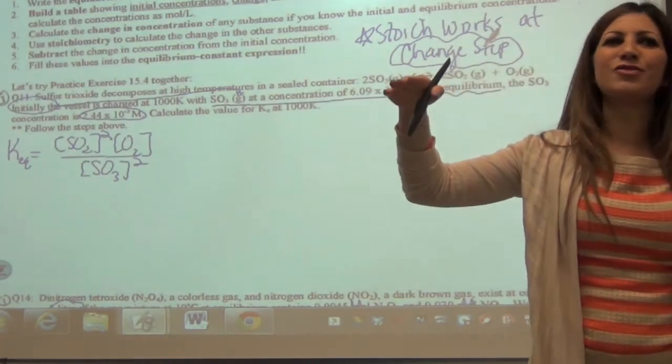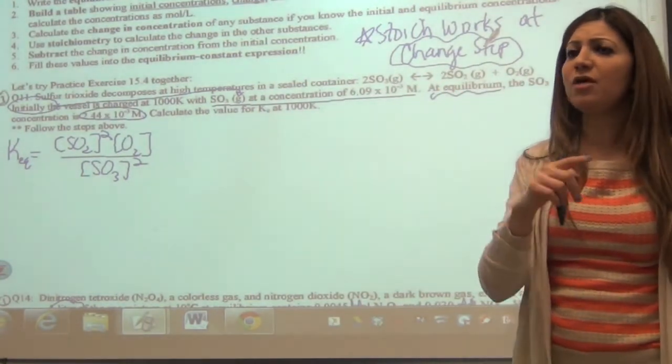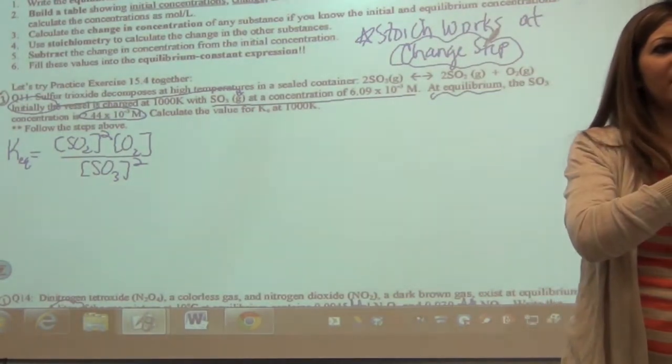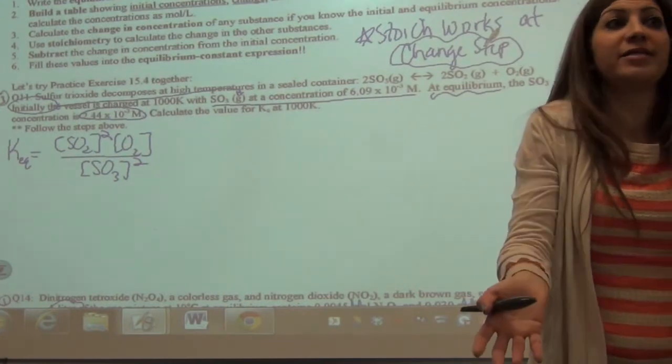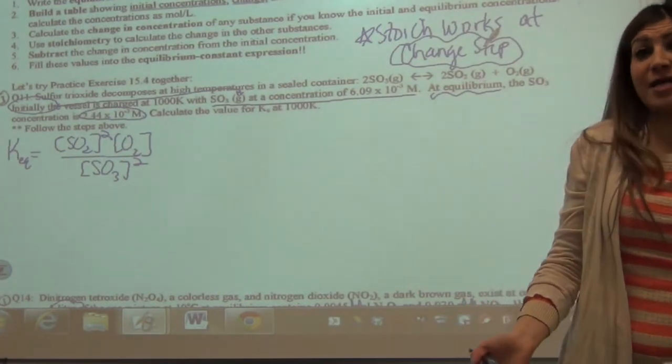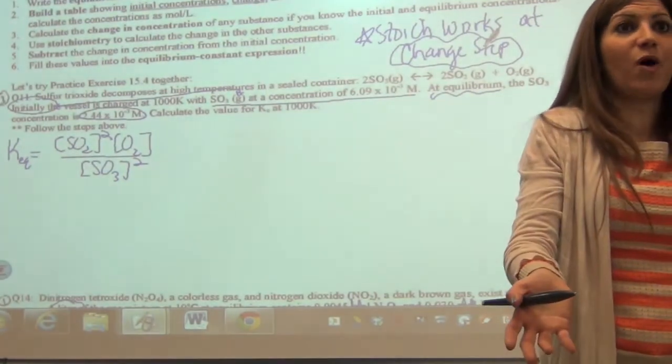Your initial amounts don't have to match. Why do your initial amounts not have to match stoichiometrically? You're not at equilibrium, and I could put whatever I want into the flask. It doesn't have to be stoichiometrically correct, because I just put in there whatever I wanted to.